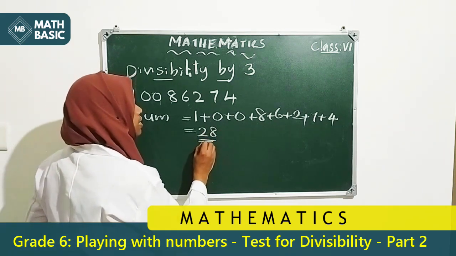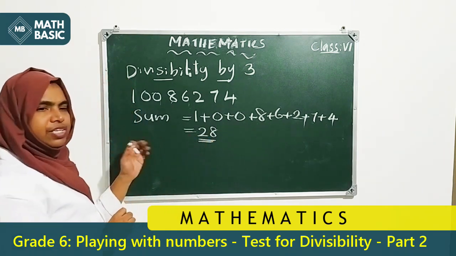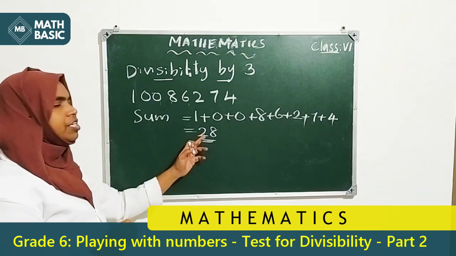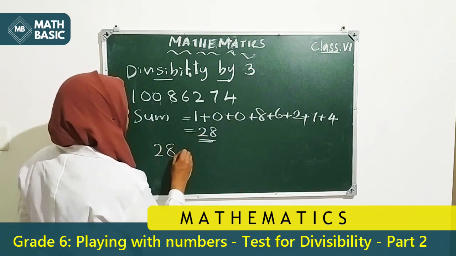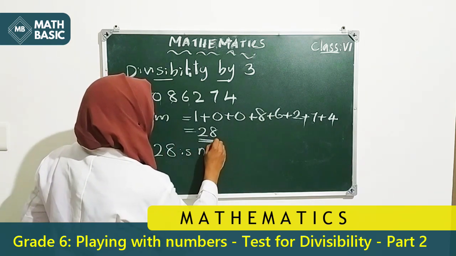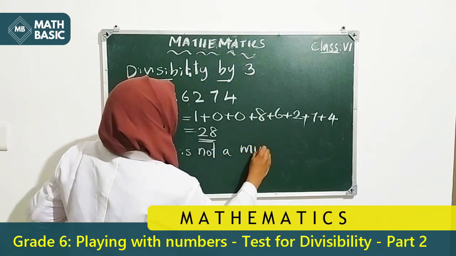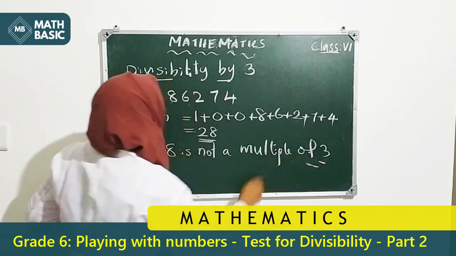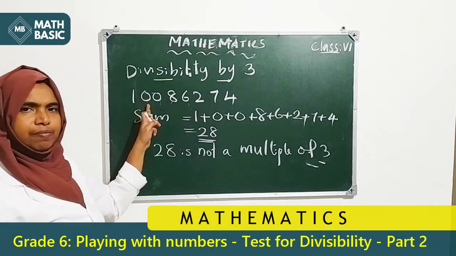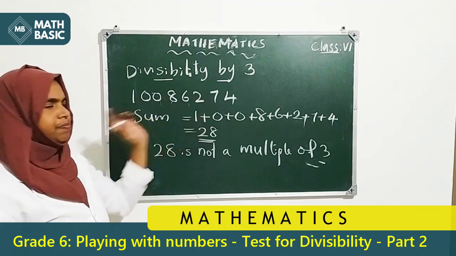See the multiplication table of 3. We know that there is no 28. So we can say that this 28 is not a multiple of 3. Or we can say that this number, how can we read it?